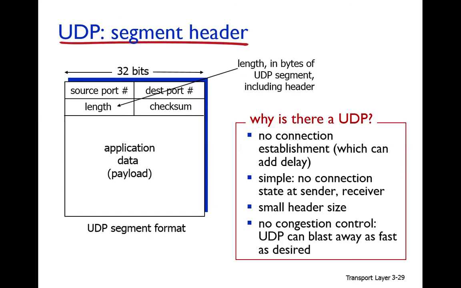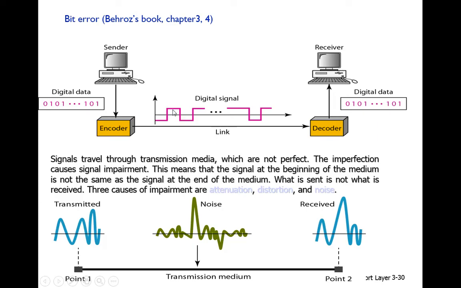Now we are going to discuss why we use checksum. As we have discussed, if you do remember, about how bit error happens. When we transmit data, the data is stored in 0 and 1 form. When we send the data on the link, the data is encoded, changed to a signal, and the signal is transmitted on the link.